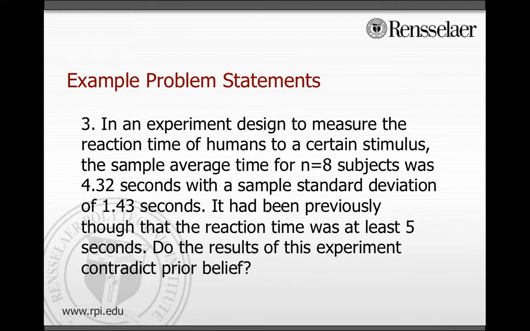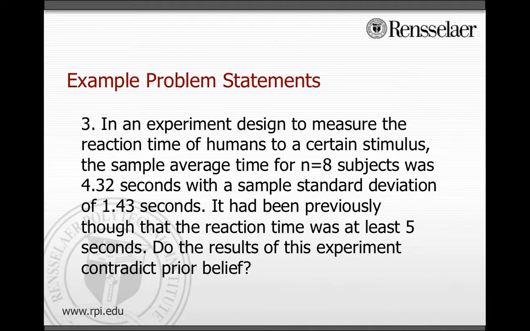Do the results of this experiment contradict prior belief? So in this case, we know that n is much less than 40, but we know the sample standard deviation and the sample mean. So we use a t statistic, a t critical value.